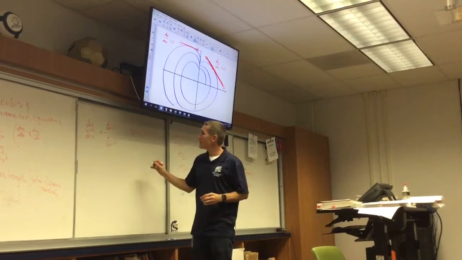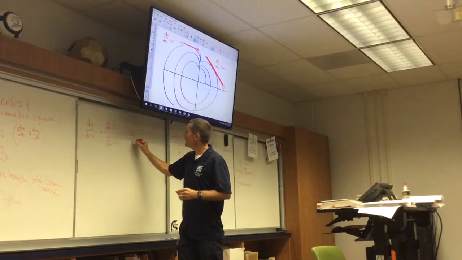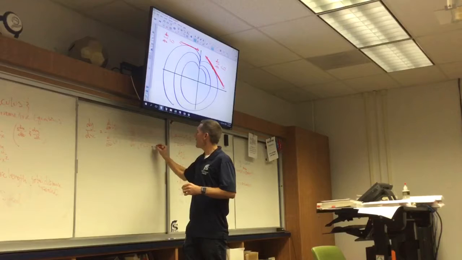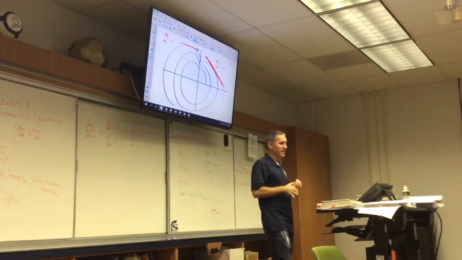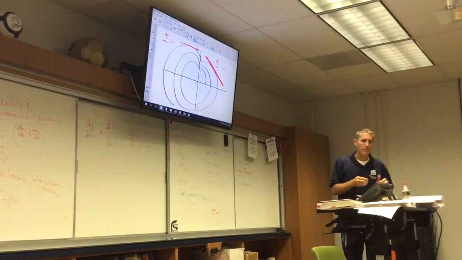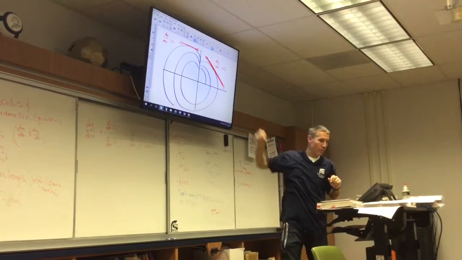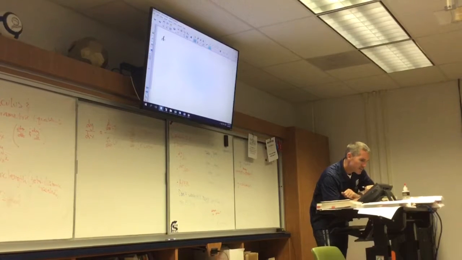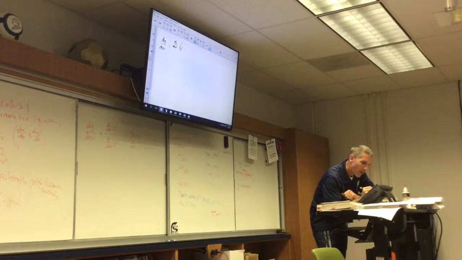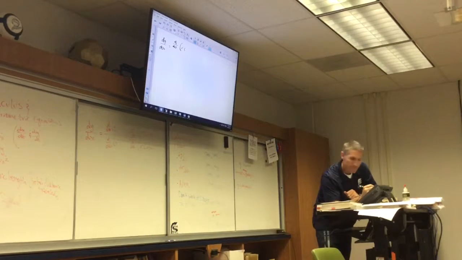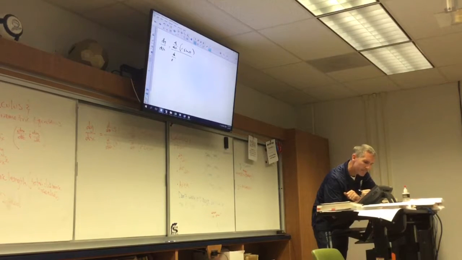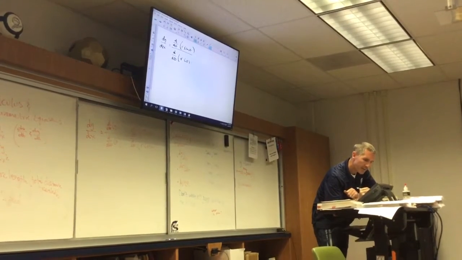R sine theta, divided by d theta of r cosine theta, because r cosine theta is what x is equal to. So now I'm going to pick up on the board so it's easier to follow. So we have that dy dx is equal to d theta of r sine theta over d theta of r cosine theta.